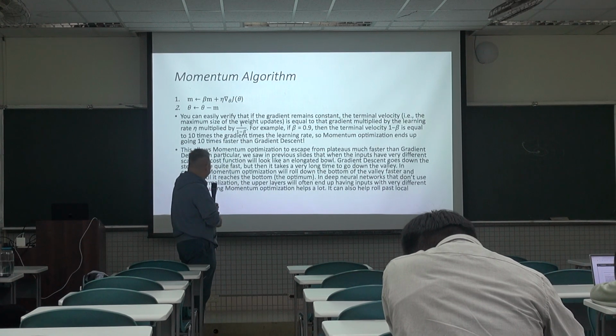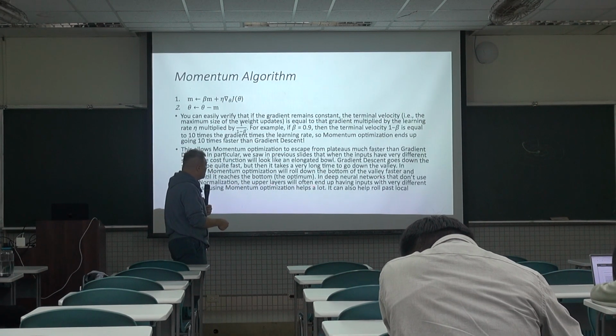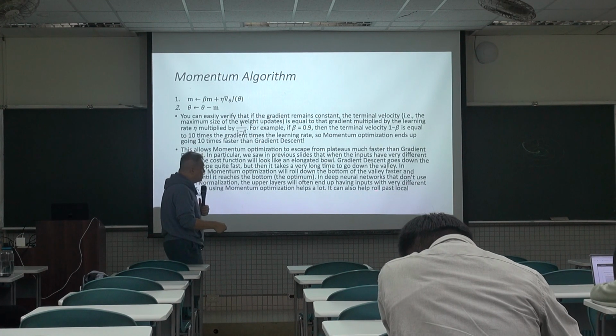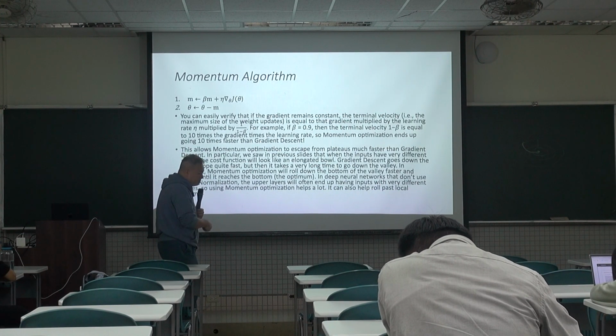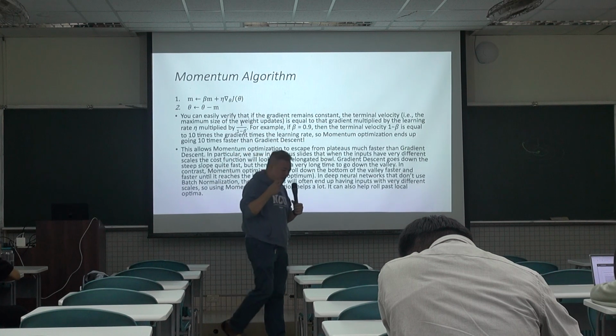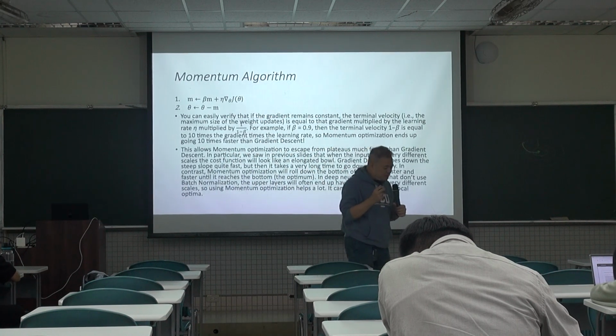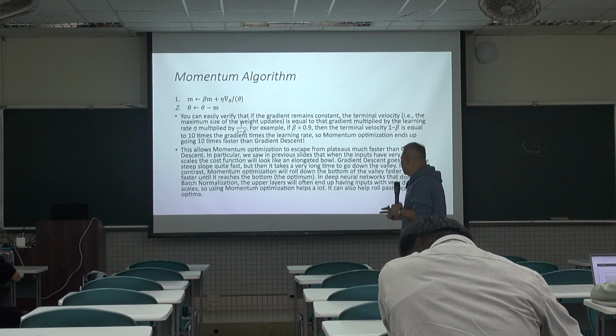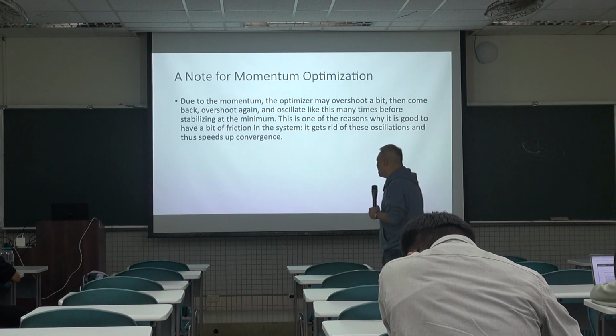If we don't use batch normalization, the upper layers will often end up having inputs with very different scales. So using momentum optimization helps a lot. It can also help roll past local optima, because if you roll faster, it slightly helps you escape from local optima as well. So this is some benefit that we can have if you use the momentum optimization algorithm.